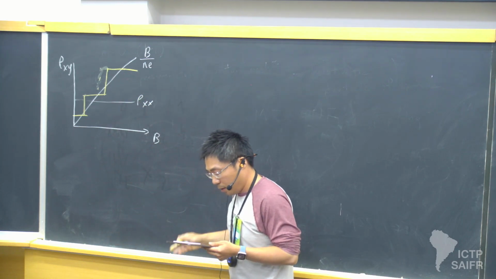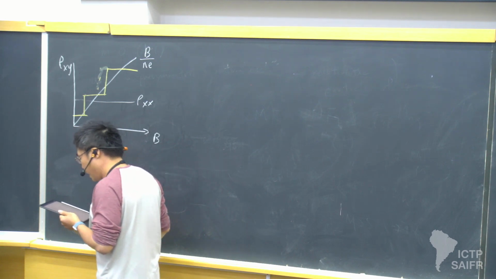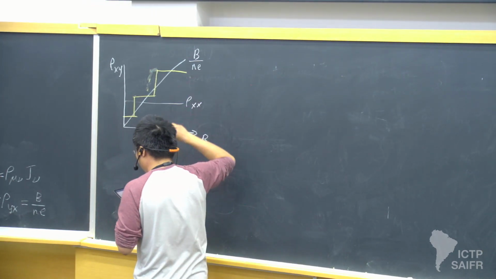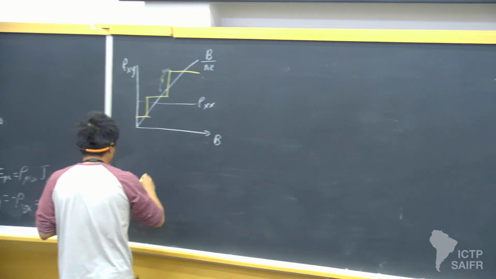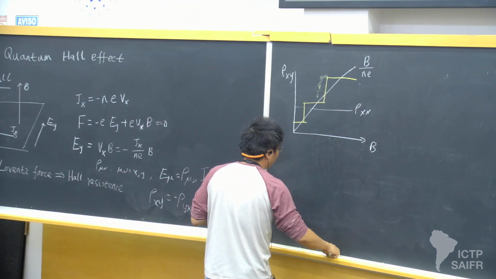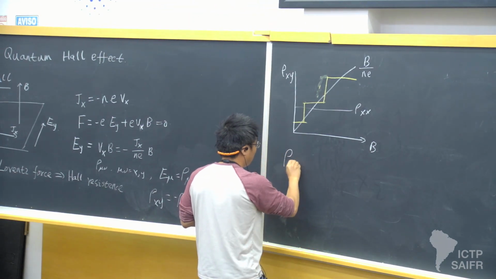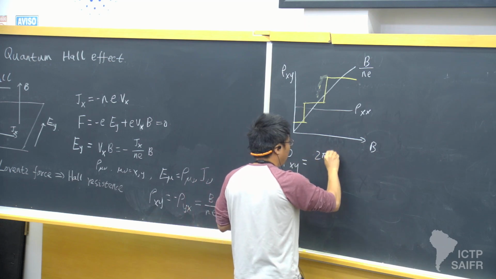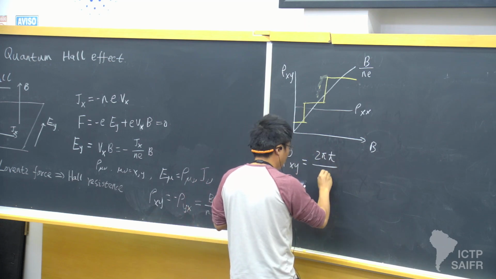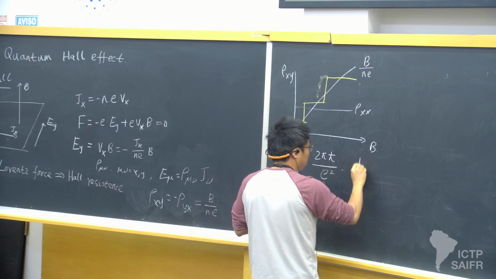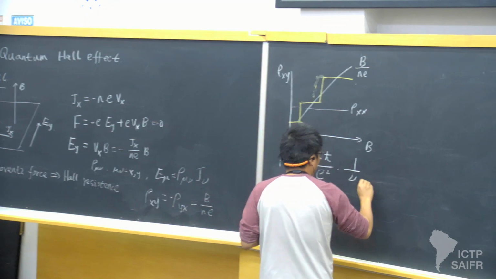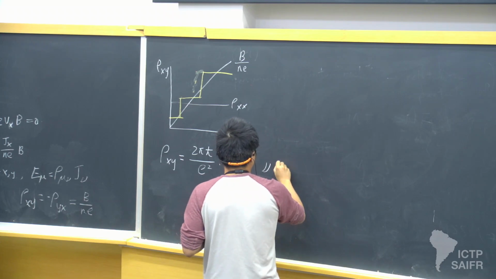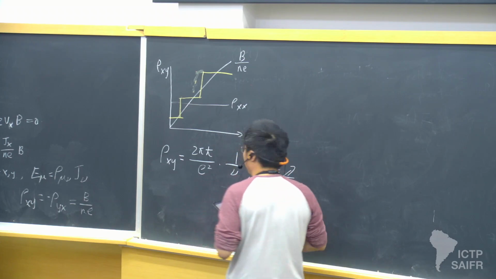More remarkably, the Hall resistivity at each plateau takes a quantized value, rho xy equals 2 pi h bar over e squared times 1 over nu. And this nu is what we usually call the filling factor, and nu equals an integer.